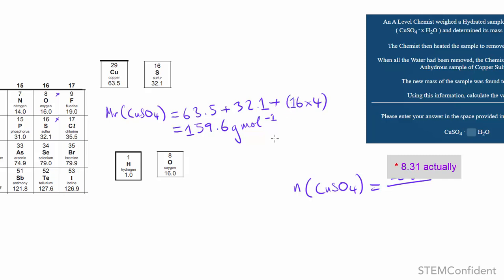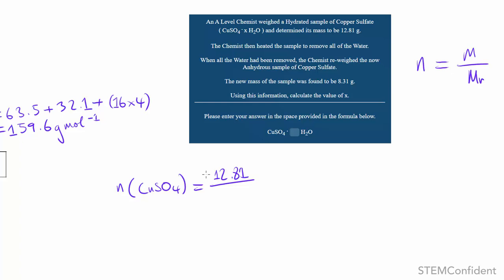Okay, so beyond that, we need to add this here, so 159.6, and what's that going to give us, right? Okay, I've just realized I made a mistake here. What I've done is I've used the hydrated mass instead of the anhydrous one.